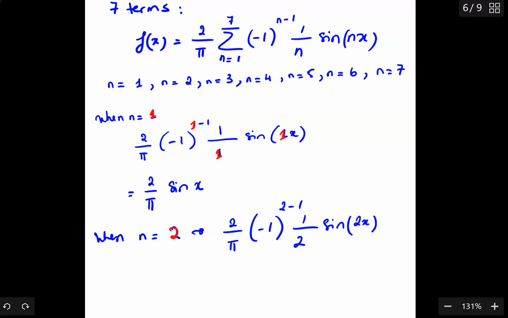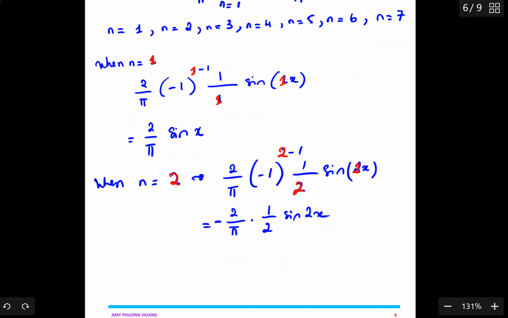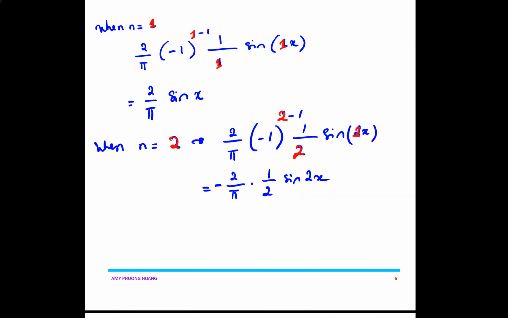N equal to 2, so that means 2 minus 1, 1 over n, 1 over 2, and sine of 2x. So in this case, I should have 2 over pi. Minus 1 to the exponent 1 is still minus 1, so I multiply that outside, that becomes a negative, and I times that with a half sine of 2x. Okay, so let's continue with n equal to 3.